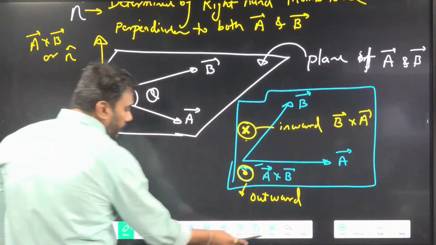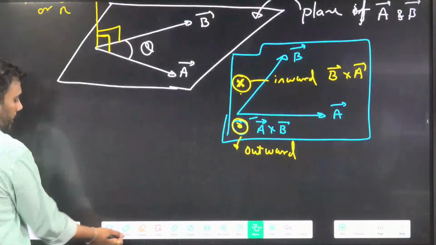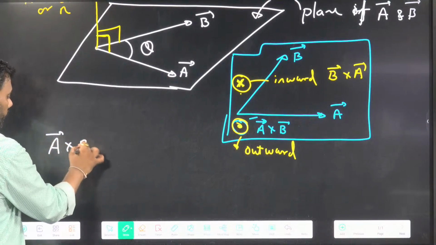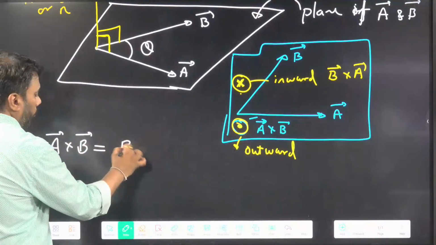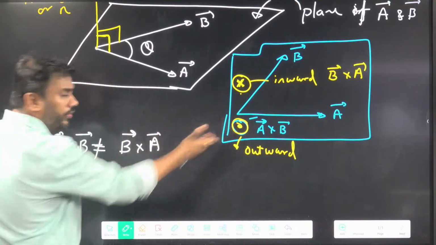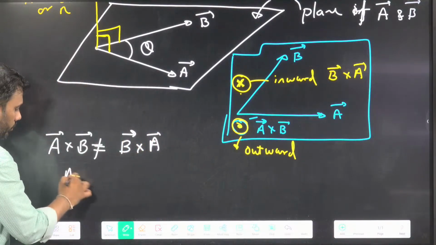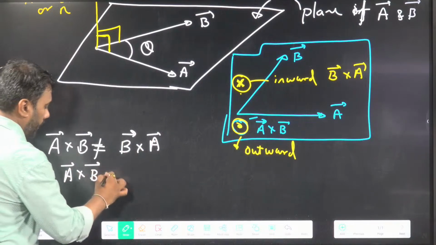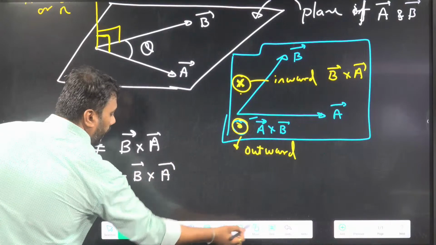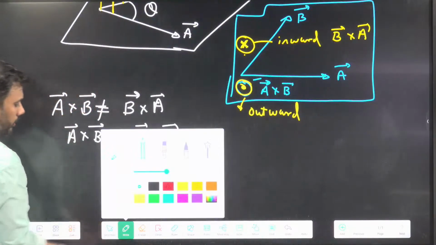So A cross B is not equal to B cross A. They are actually inverses of each other. So A cross B is the negative of B cross A, because the directions of A cross B and B cross A are reversed.